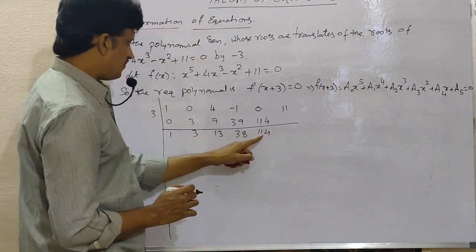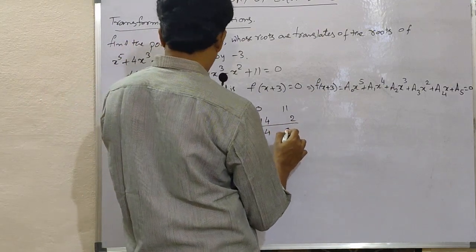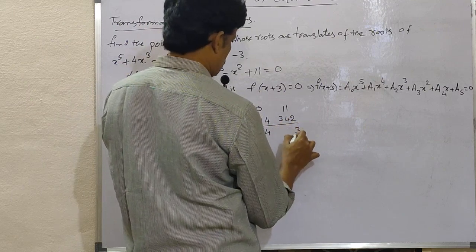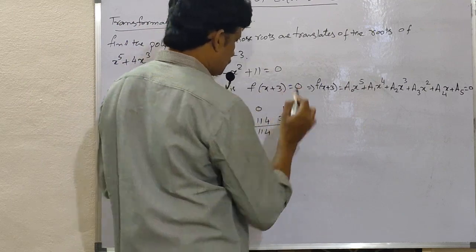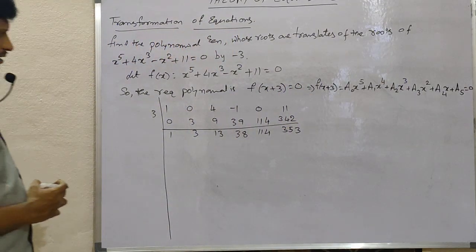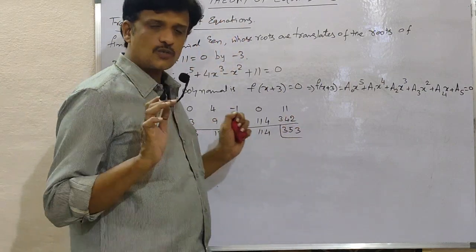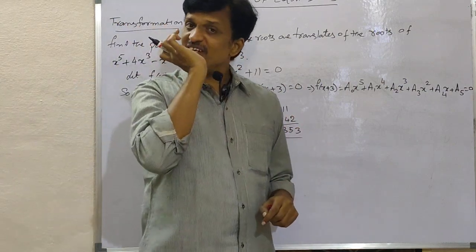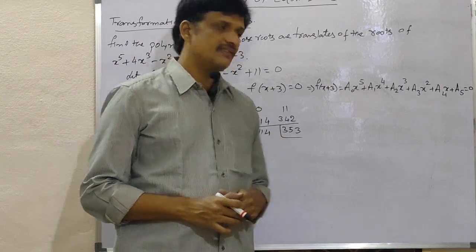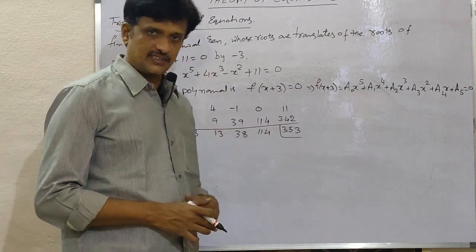Now 3 into 114, so 353 we are getting here. Just separate the last quotient every time. Usually if we divide by a linear or quadratic, you are getting the remainder, but not here. Separate the last one, that is 353. That is one of the required coefficients.